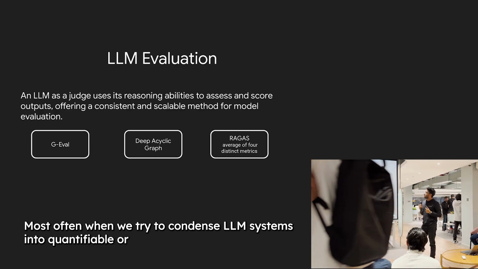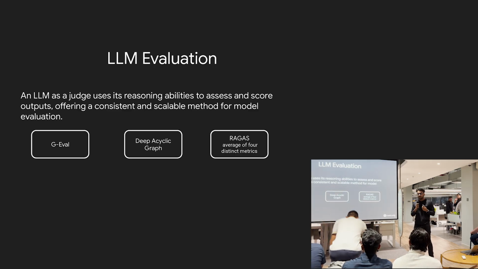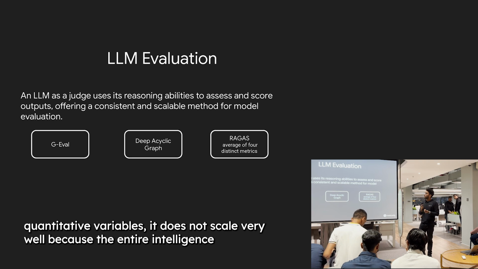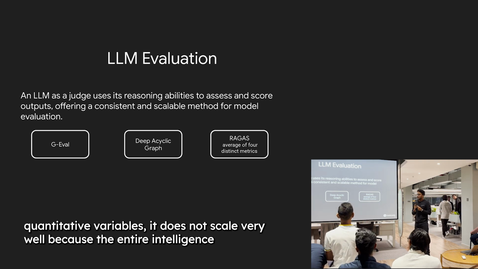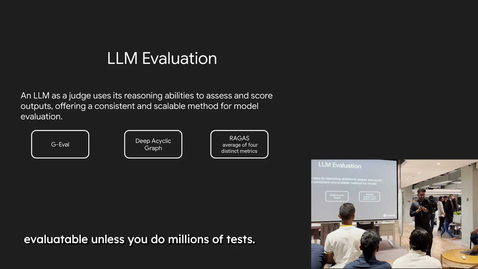Most often, when we try to condense LLM systems into quantitative variables, it doesn't scale very well because the entire intelligence factor of LLMs is subjective. It is not super quantitatively evaluatable unless you do millions of tests.